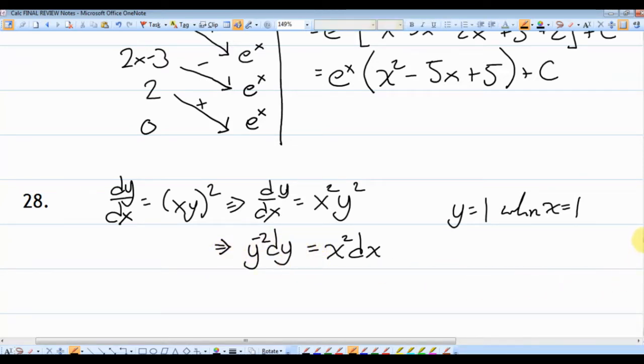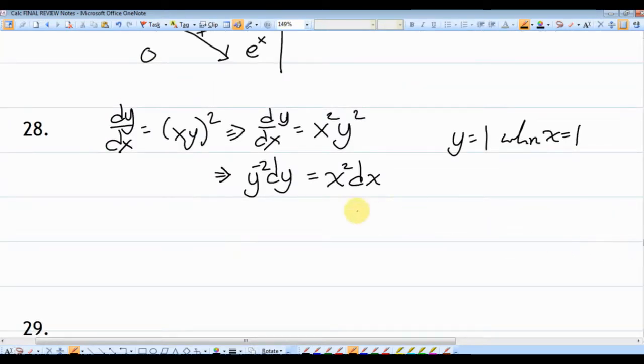Next, we're going to integrate. Negative 2 plus 1 is negative 1. Two plus 1 is 3. Please put the constant as soon as it appears. Don't put it on at the very end, like I know some of you like doing. What's 1 over negative 1? Negative 1.